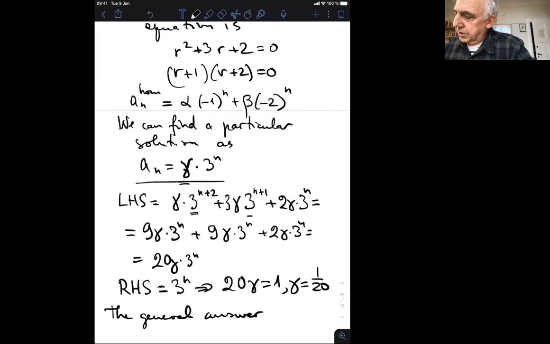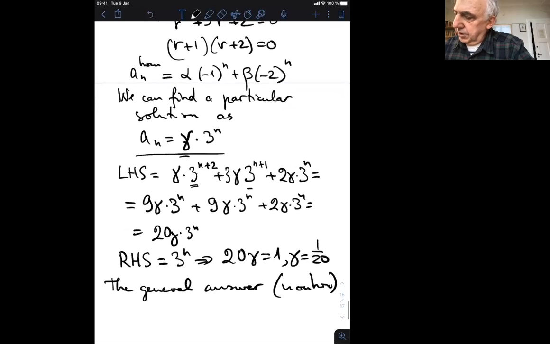So we get the general answer for the non-homogeneous: a_n equals alpha times (minus 1) to the power n plus beta times (minus 2) to the power n, and finally plus 3 to the power n divided by 20.